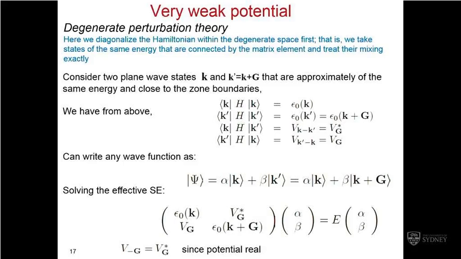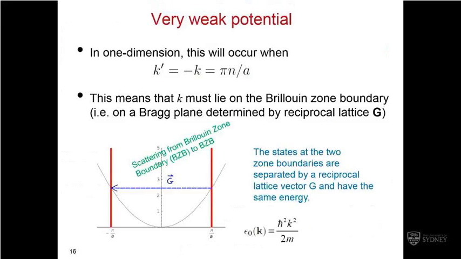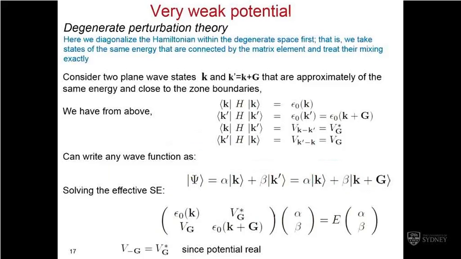And for k dash, we have a similar energy here, and they are equal and separated just by a G vector from that previous diagram.